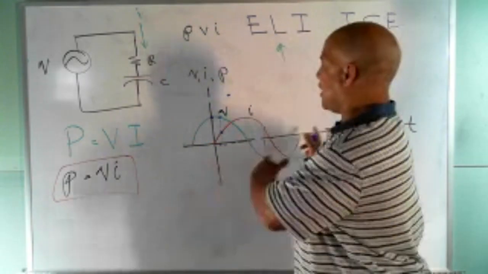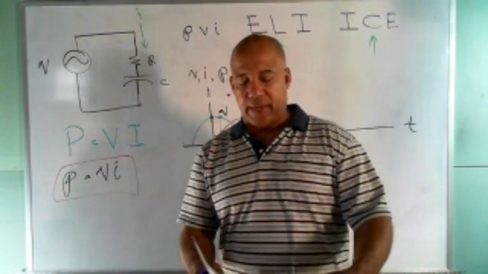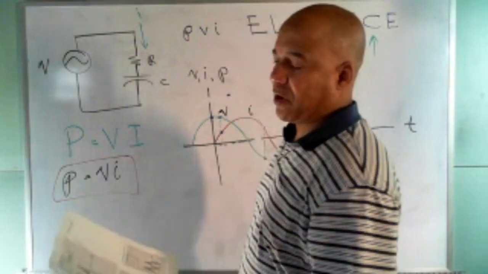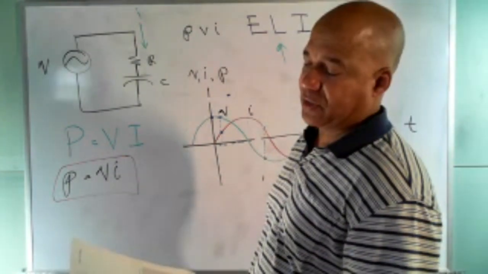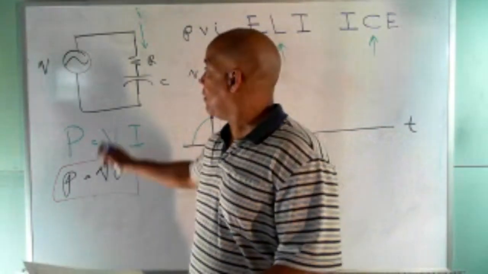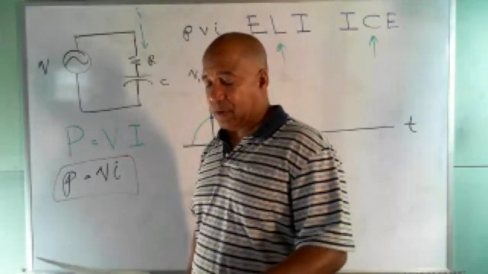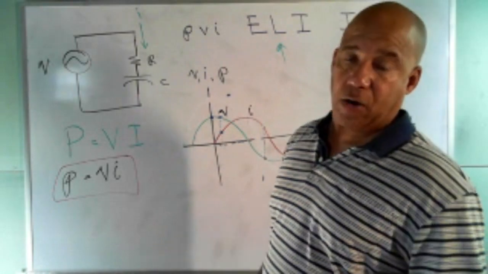And so I won't attempt to draw the next graph, but you have the handout there. Please look at it. If you look at the very first graph, where we have only resistive elements, you see positive power. You look at the next graph at the bottom, the one we just got to talking about, where we have the capacitor, you see positive and negative power representing energy that's borrowed.